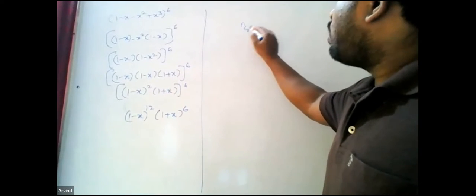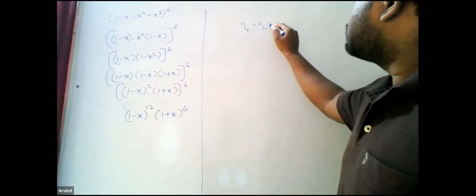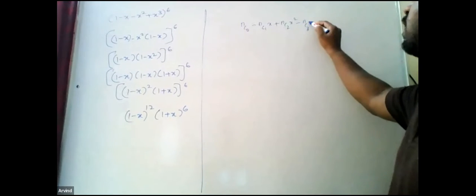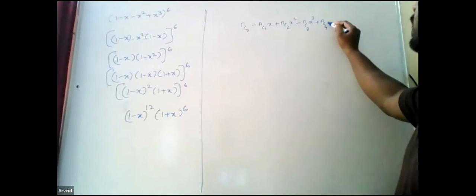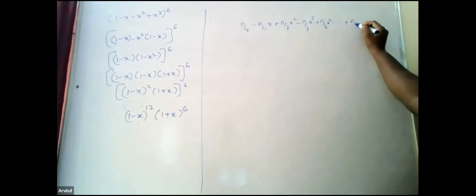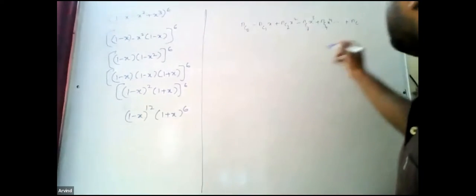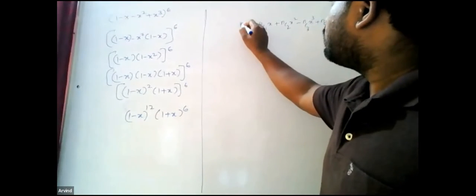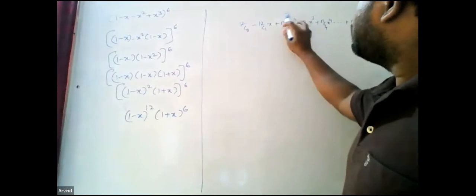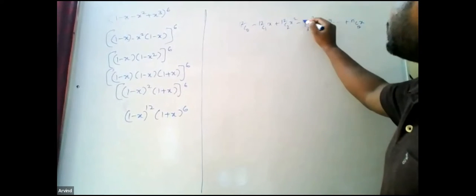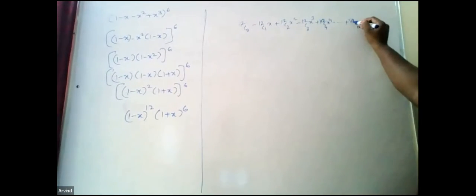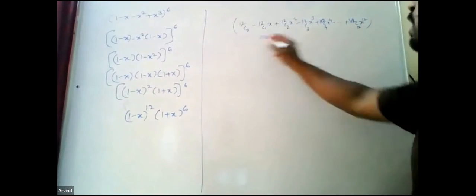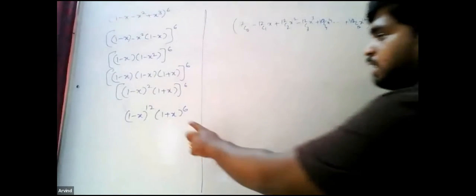You will get nC0 minus nC1 x plus nC2 x square, and the sign keeps changing, minus nC3 x cube plus nC4 x4 and so on up to plus nC12 x to the power 12. Now in place of n we have 12, so let us put 12 everywhere: 12C0, 12C1, 12C2, 12C3, 12C4, and lastly 12C12 x to the power 12. Okay, this I have written on the top and this thing I'll write on the bottom.